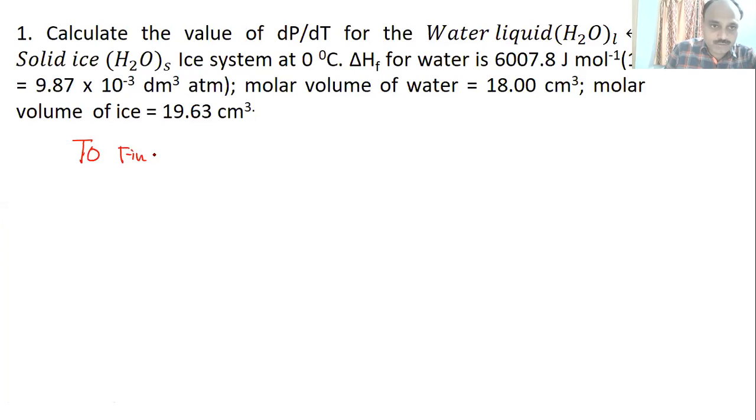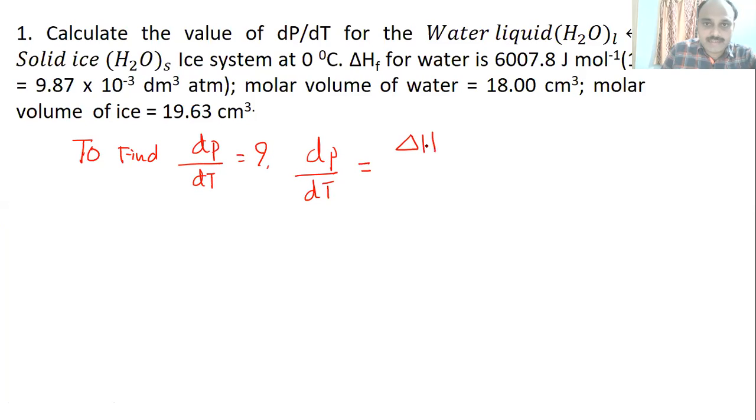To calculate this dP by dT, you know the formula, that is delta HF divided by TF into (VS minus VL).